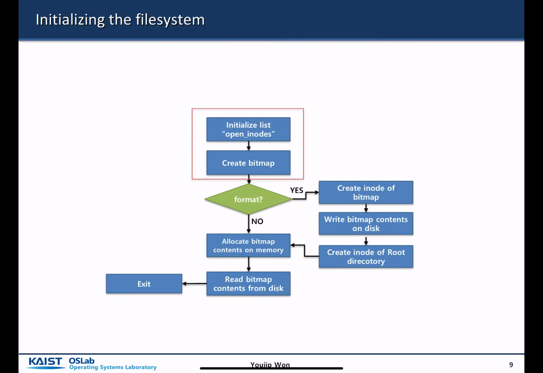Okay, let's move on. So this is the process of initializing the file system. We call it a format. As we saw before, the first important part is to create the empty inode list for open files. Second thing is to create the bitmap, and then perform format.